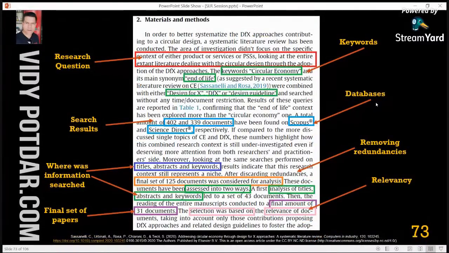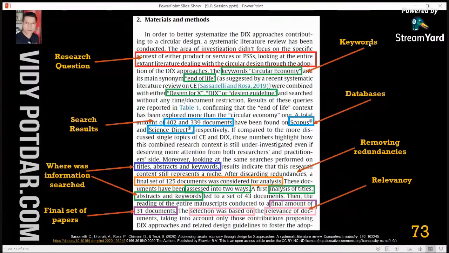Now let's look at a section of this paper and see what they have done here. So let's start at the very top. Research question. So the area of investigation didn't focus on the specific context, looking at the entire extant literature with circular design through adoption of DFX approaches.